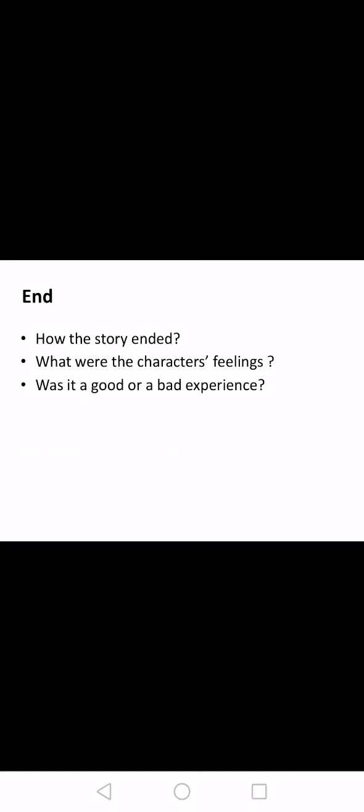So after the middle, we have the last paragraph, which is the end. So the end is short like the beginning. I'm just saying how the story ended, how the characters felt, was it good or bad.